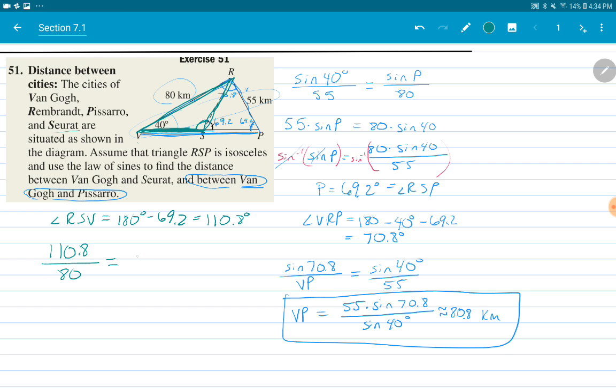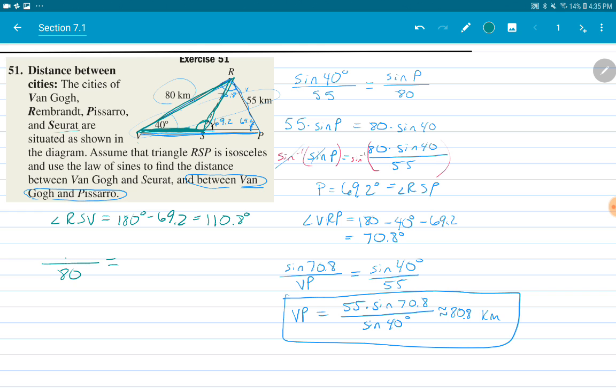And we still have that same sine of 40 across from the 55. So that gives us, oh, that's a lot of information, I think I messed up here. What did I do? Whoops, I didn't write down any unknowns. So I have a little too much information there. So let's try that again.